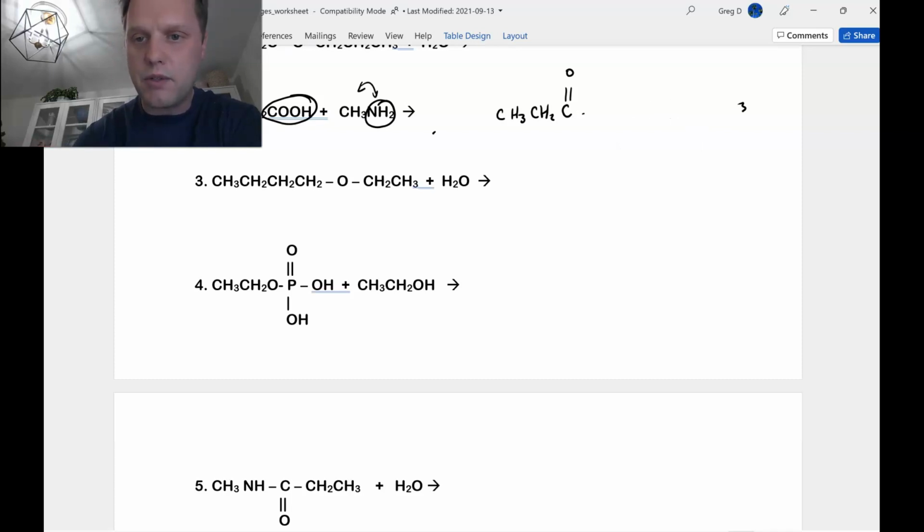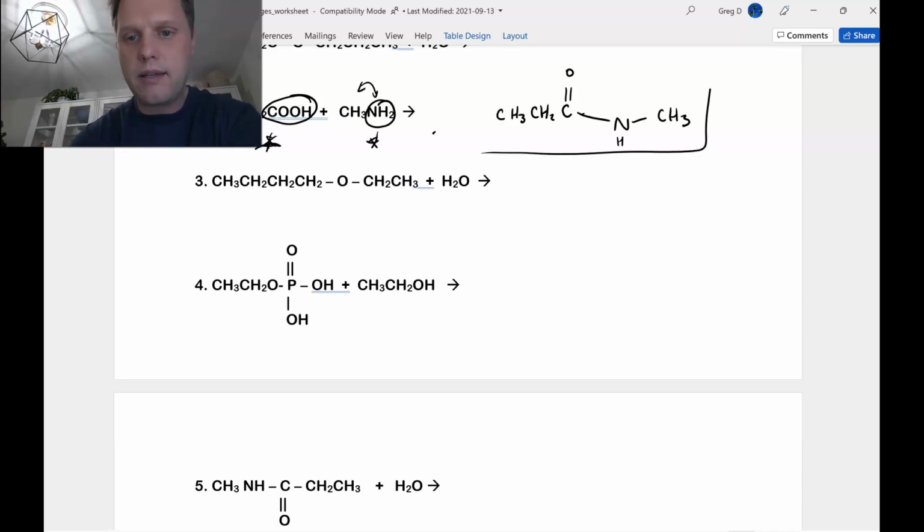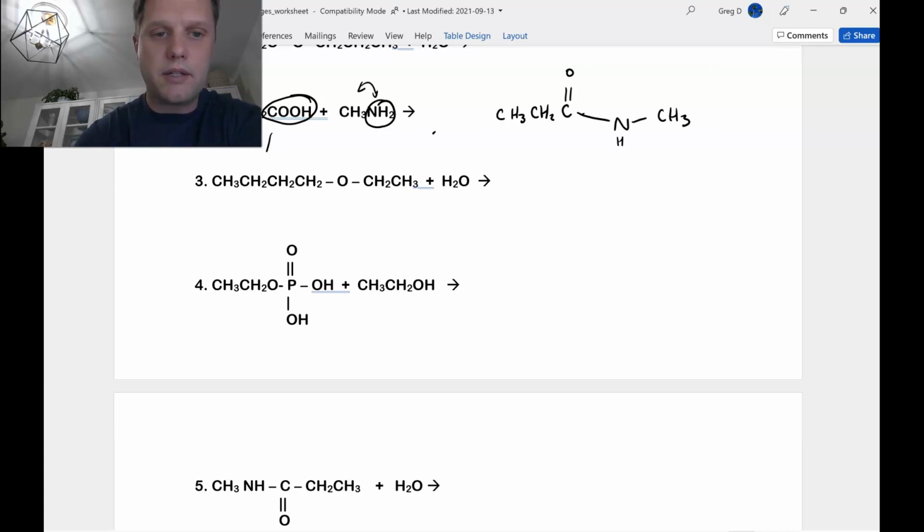I'm going to redraw it so it's a little bit neater. So we've got an N, we have an H, and then we have this CH3. We have an acid right there, we have an amino right there, and we end up making an amide. Again, here's your hint in your steps, because I know some of us are going to be confused by this.